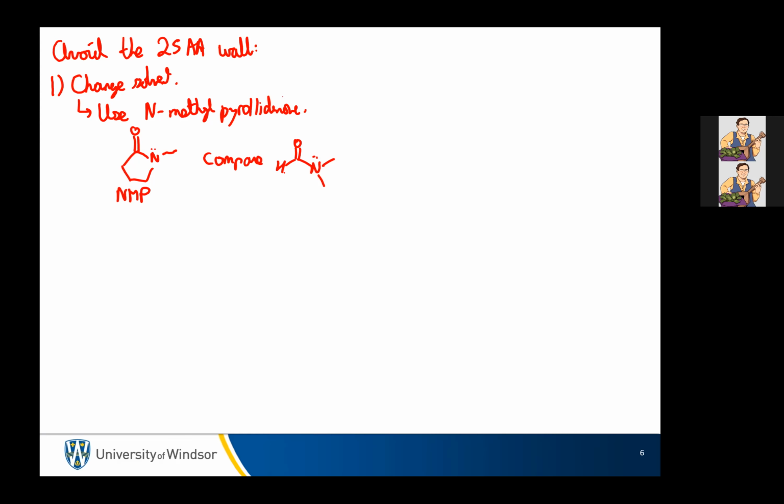And I don't really understand why NMP breaks up these beta sheets better than DMF, but it does. But NMP is a poorer solvent for the peptide synthesis. I don't really see what it can do that the normal DMF can't.